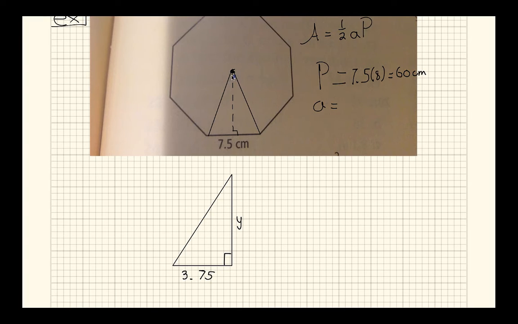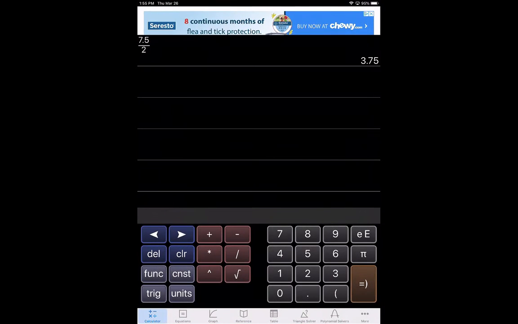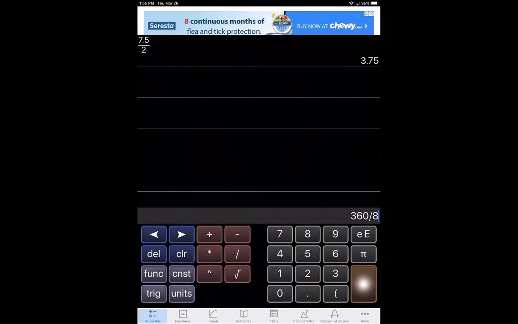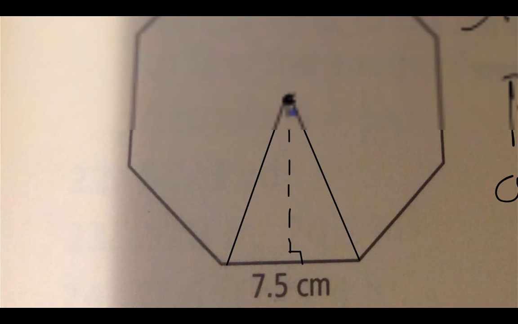And if you recall, to find this full angle from here to here, to find this portion, we do 360 divided by, there's 8 of them inside the octagon, so let's figure out what that is. 360 divided by 8 gives me a 45. So this angle is 45, but that's not the angle we want.